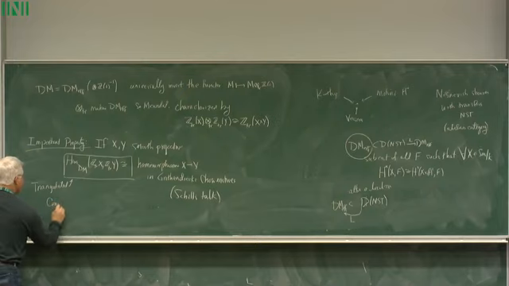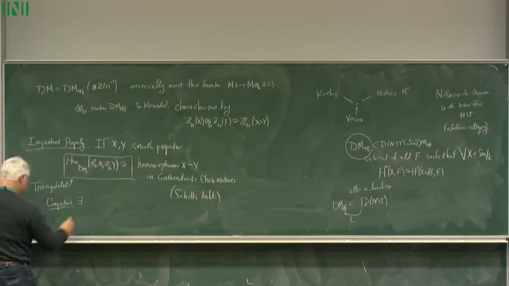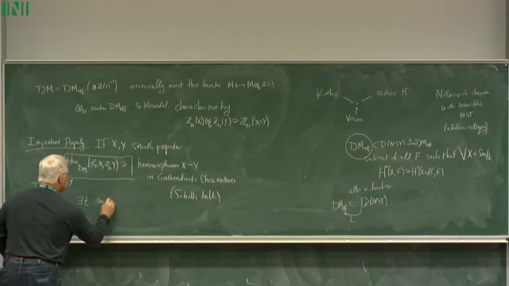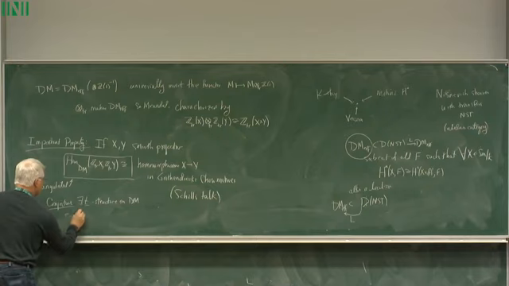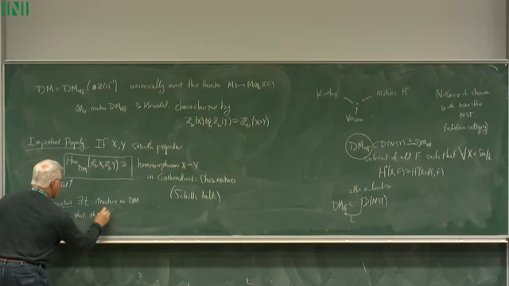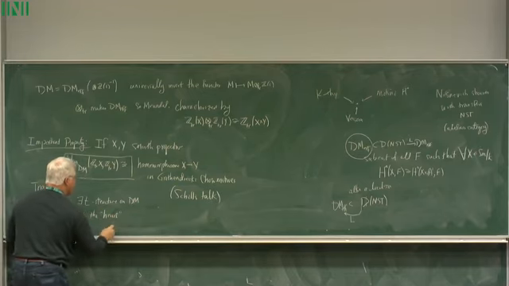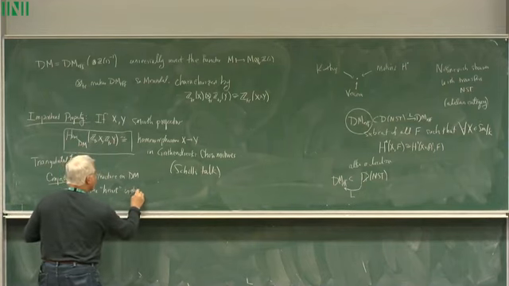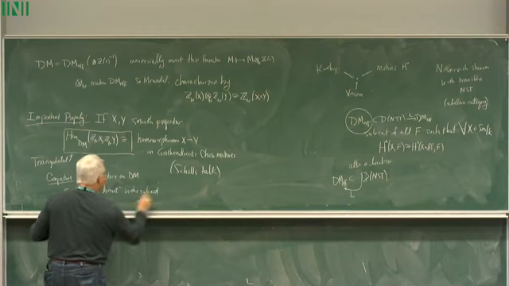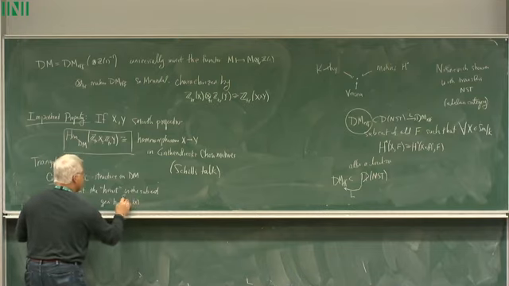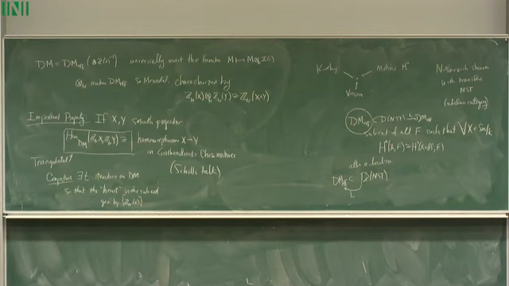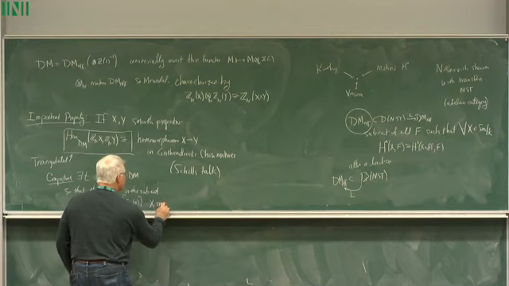So here's a conjecture: there exists a t-structure on DM so that the heart is the subcategory generated by the class of Z transfers of X, X smooth projective, let's say.